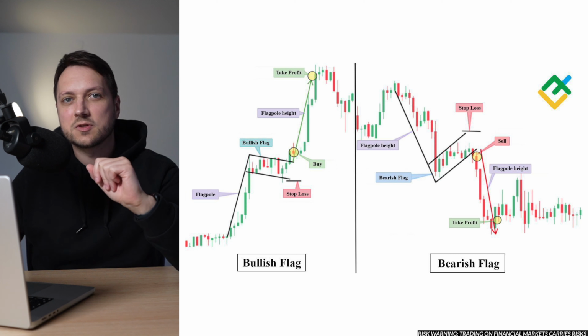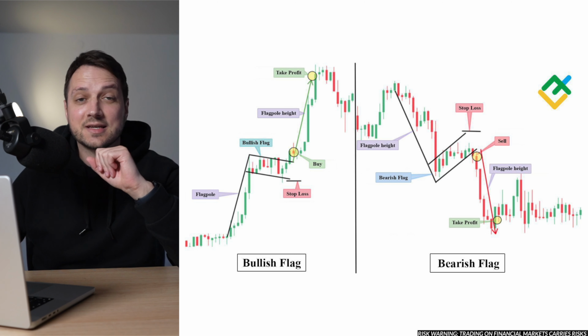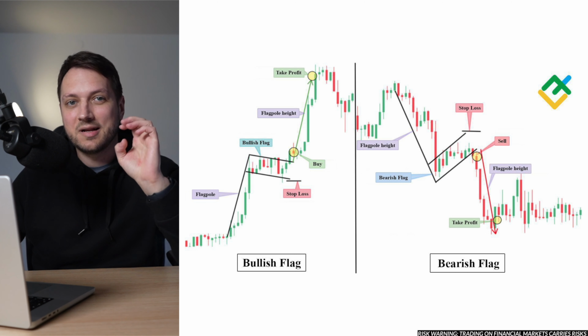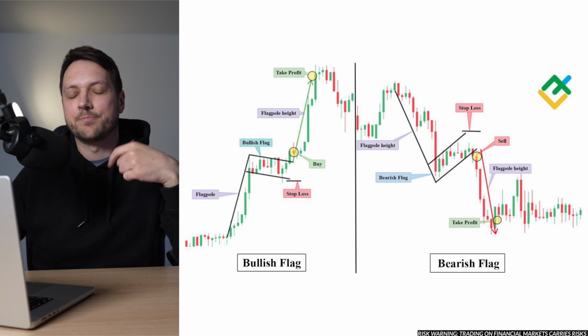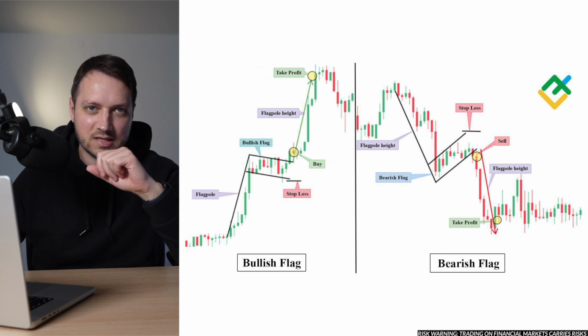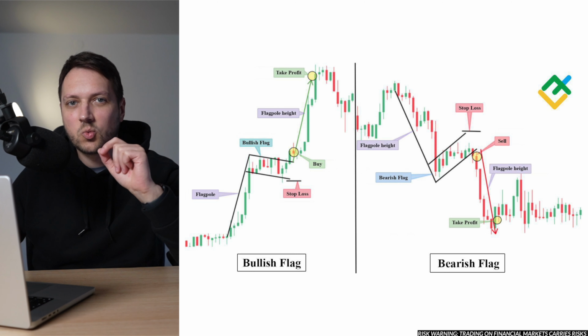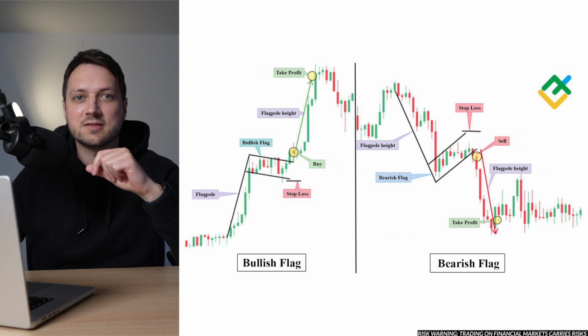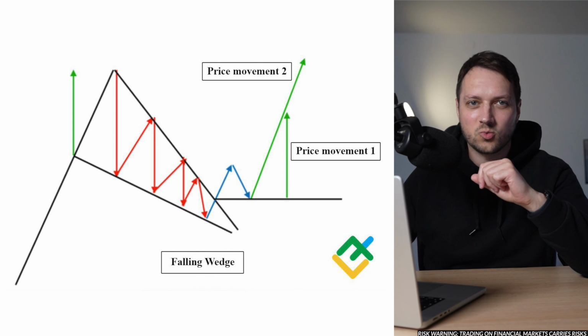And now, buy or sell only after the price has exited the pattern. The stop loss order should be placed just below or, of course, above the flag itself. And so depending on whether it is bullish or bearish, the target for this pattern is equal to the height of the flagpole. Then we have the next figure, which is the falling wedge.